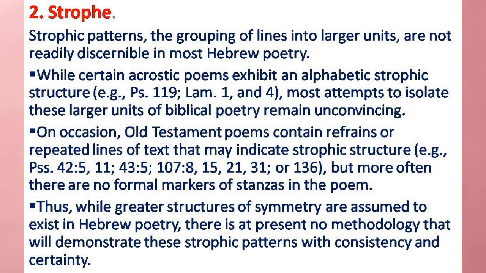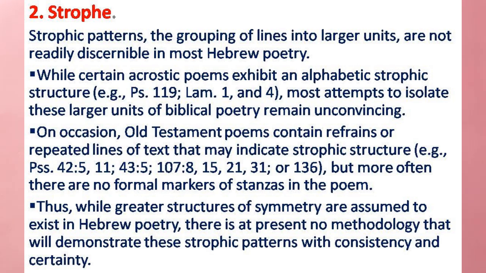So we can also divide it into strophes, but more often there are no formal markers or stanzas in the poem. Thus, while greater structures of symmetry are assumed to exist in Hebrew poetry, there is no methodology that will demonstrate these strophic patterns with consistency and certainty.